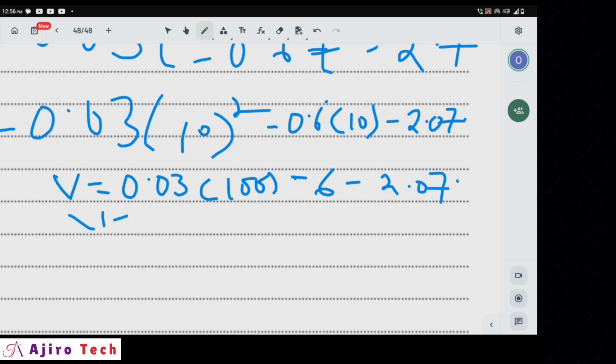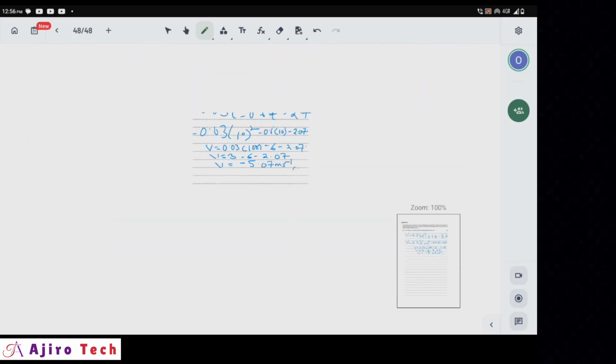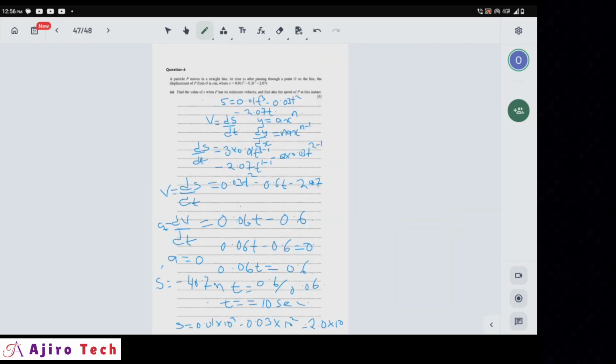Then my v will be equal to 3 minus 6 minus 2.07, and my velocity, if you check your calculator, will be equal to minus 5.07 meter per second.